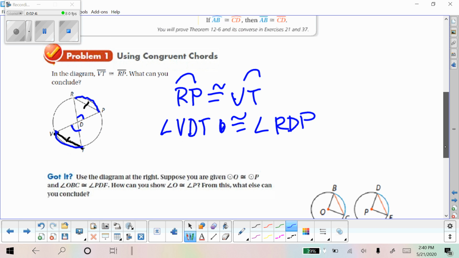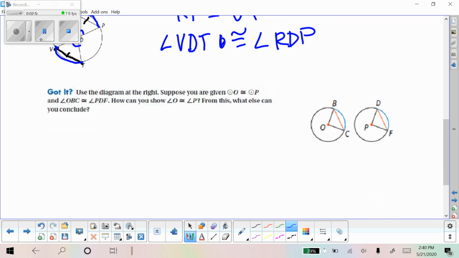All right. Why don't you try one? Well, since this is an isosceles triangle, that means that this angle must be the same as the side opposite. Same with this.